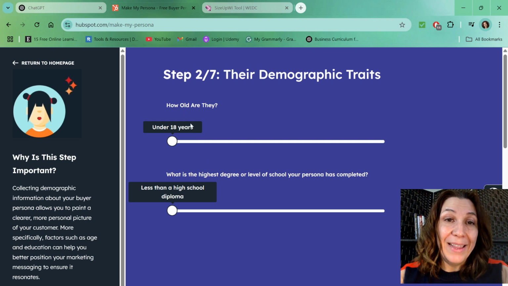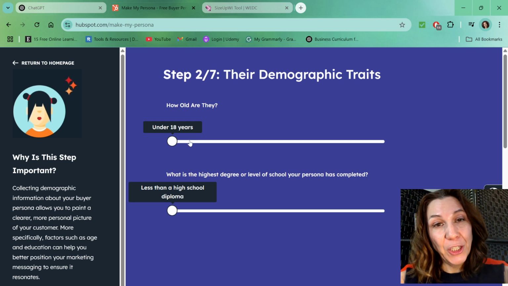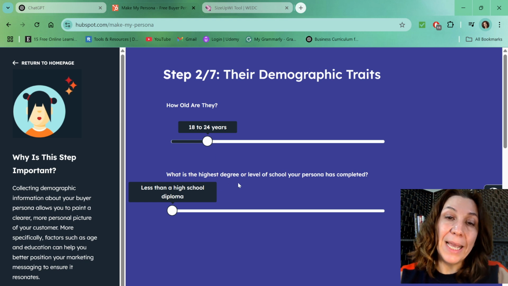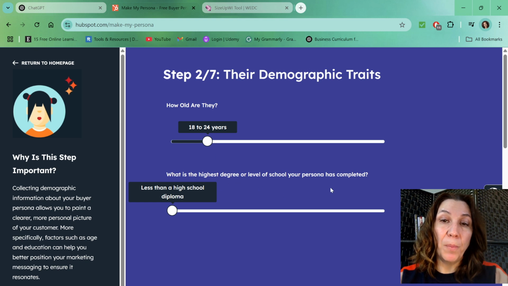How old are they? Remember that ChatGPT told us that they have to be at least 25 years old. And for some reason, this does not go above 25. We'll pretend that it is 25. What is the highest degree or level of school your persona has completed?